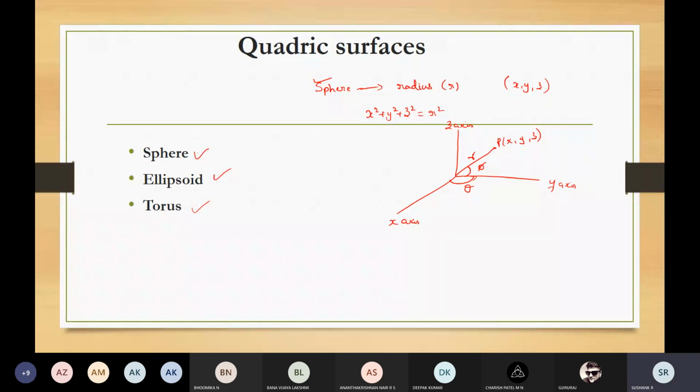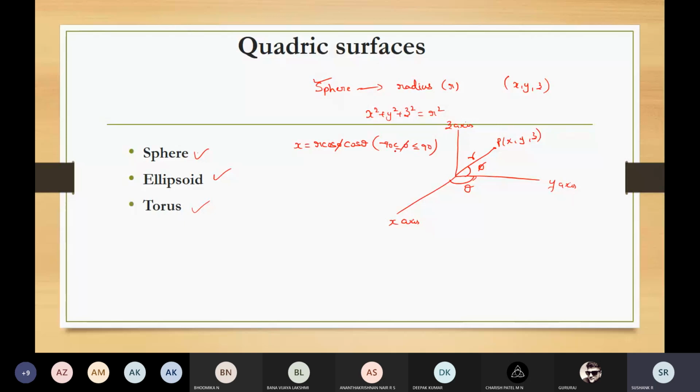Now we can represent this in the parametric form, where x is equal to r cos phi cos theta. Here the angle phi is between minus 90 degree and 90 degree.